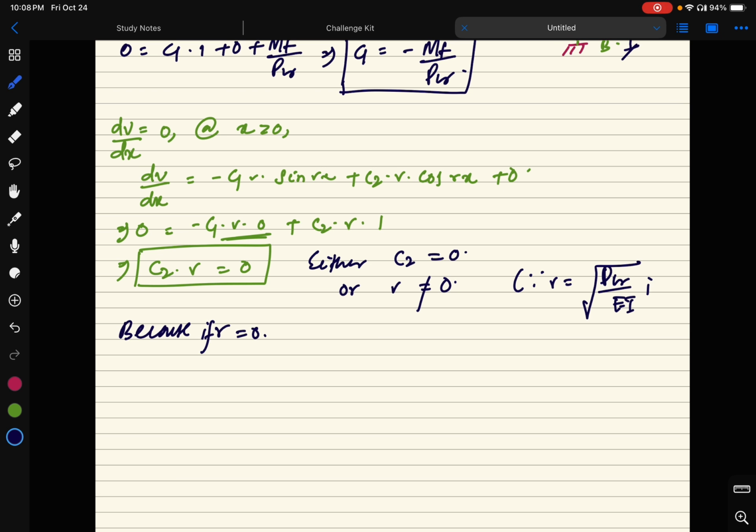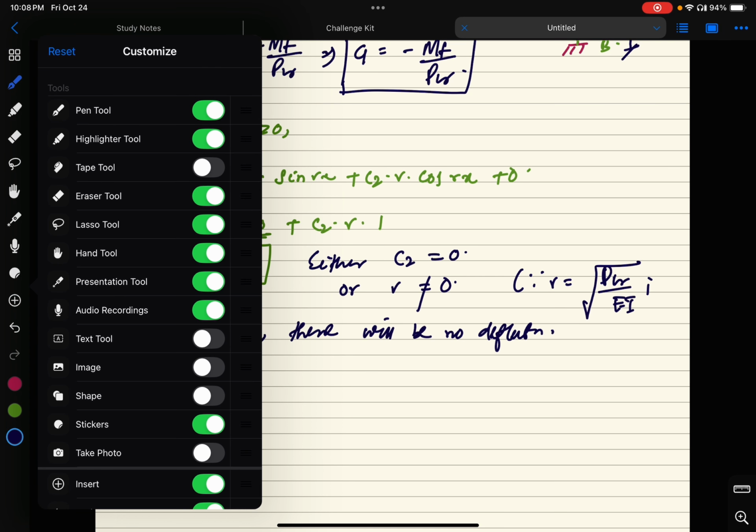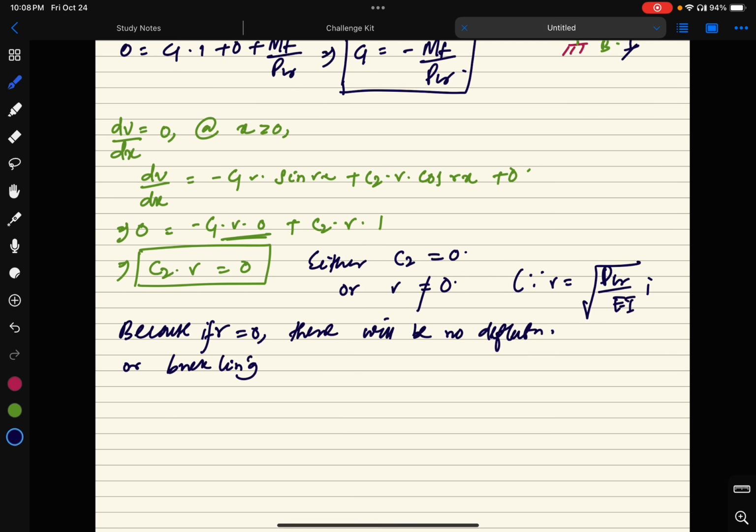So R cannot be 0, because if R is equal to 0, there will be no deflection or buckling. If we don't have any deflection or buckling, there is no point in calculating the general solution. So we say that c2 is equal to 0.